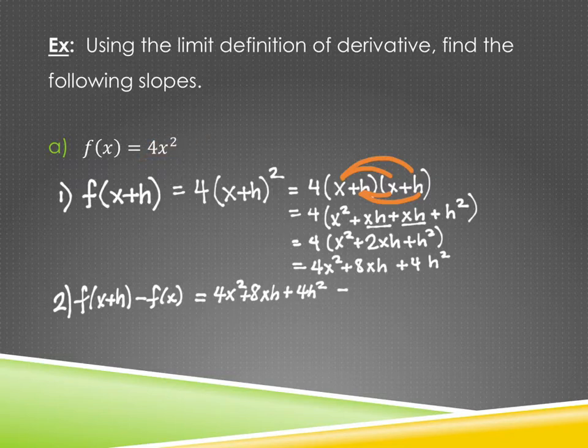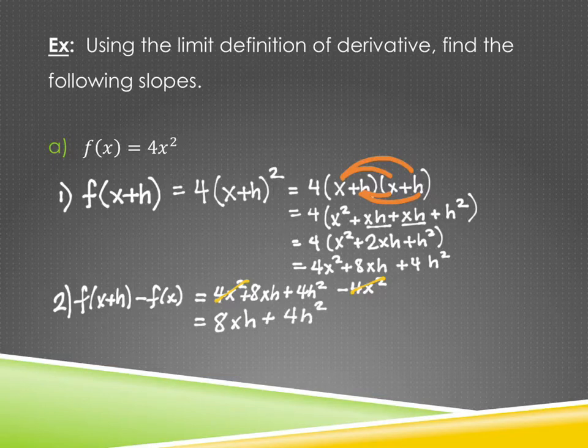Okay, so down here, I will subtract off 4x squared. And when I do, what do you notice? Cancels. Yeah, it cancels. So I now have these canceling, which leaves me with just 2 terms, 8xh and 4h squared.